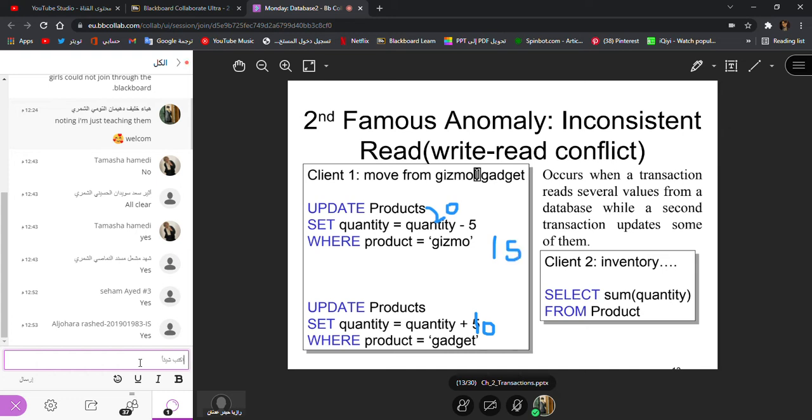And the quantity of the gadget was about 30 here before. So this is 20 plus 30. If you see this, this is 50. And 15, and how much is this? 30 plus 10, 40, and 15, how much? 45.